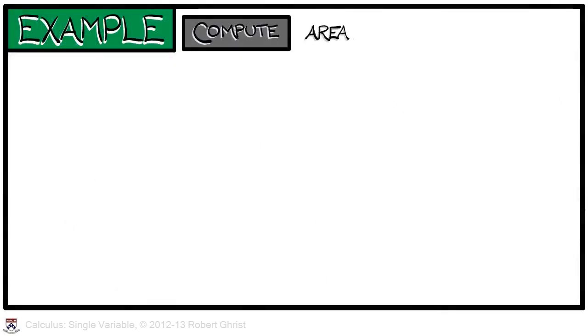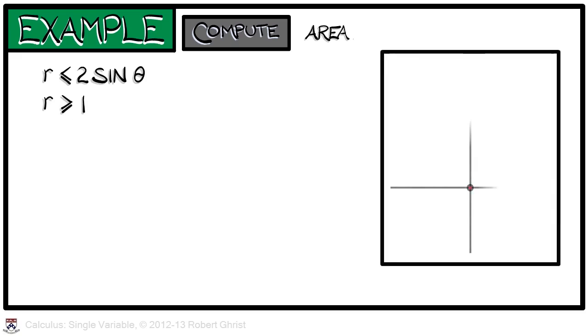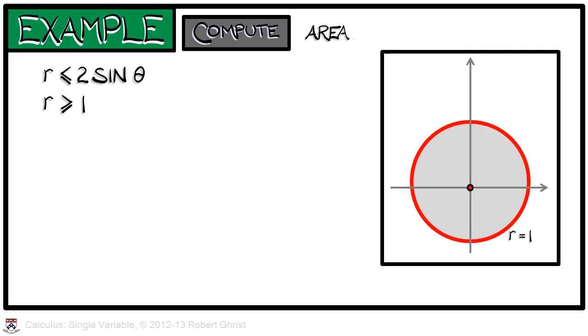Let's explore this in the context of an example. Compute the area between the regions r less than or equal to 2 sine theta and r greater than or equal to 1. We can clearly see that r equals 1 is a circle, radius 1, centered at the origin.